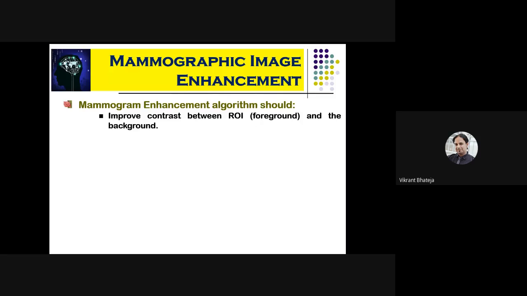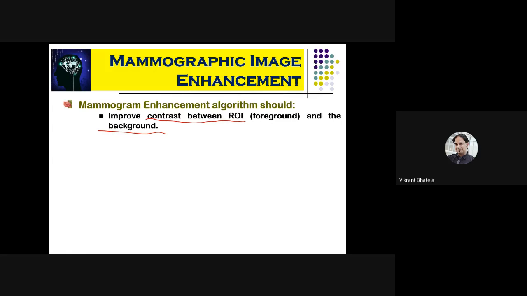Now, if we talk about mammographic enhancement algorithms, conventional enhancement algorithms again cannot be very good for them. When you are talking specifically about mammographic enhancement, we are trying to improve the contrast between the region of interest and the background.